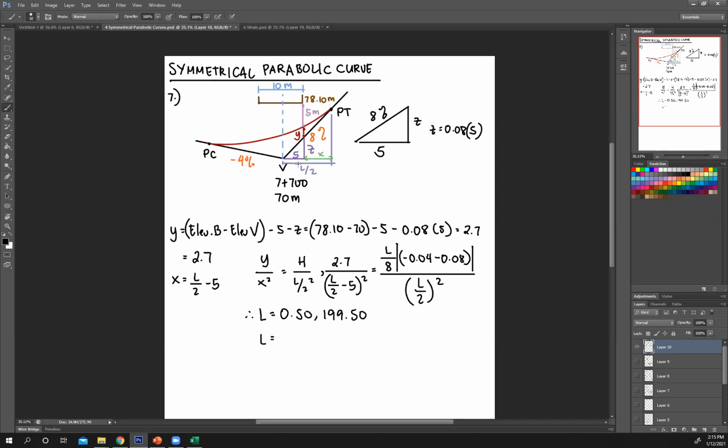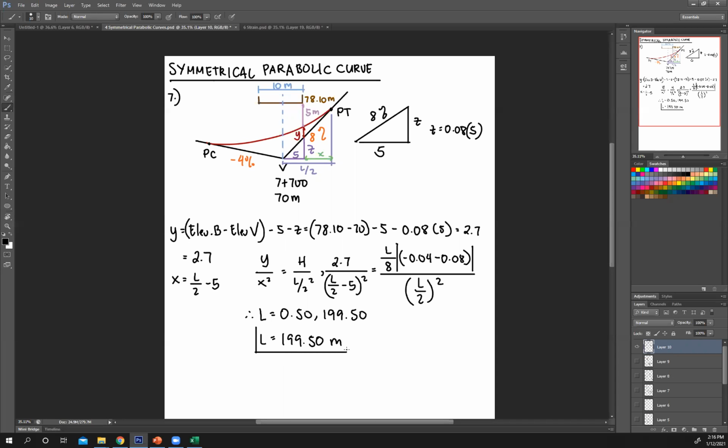The length of your curve cannot be 0.50, because for the bridge itself, that is insufficient. So be careful with that during your quizzes. If this is how you solve, you're going to get two answers for L since it's L squared, and you have to choose which one is more appropriate. So 199.50.